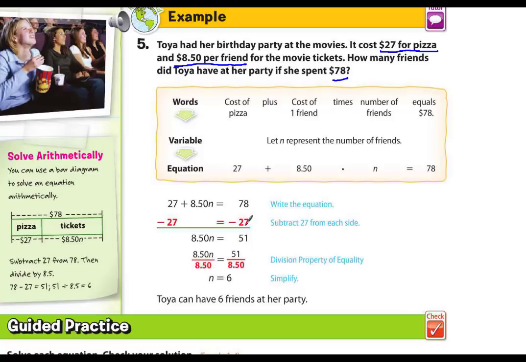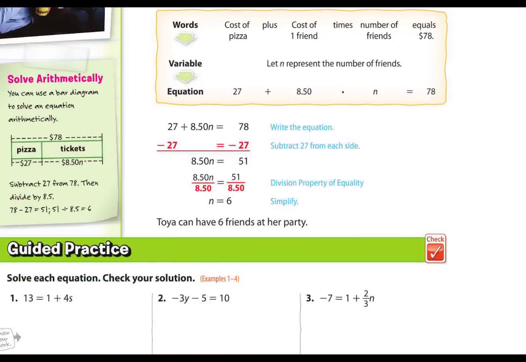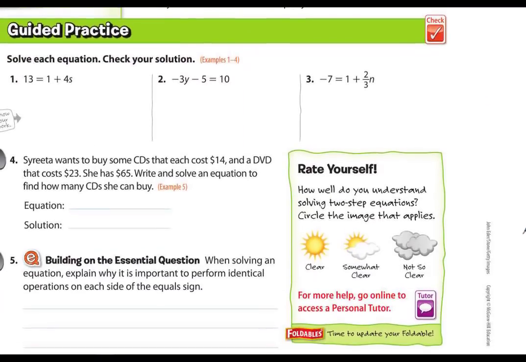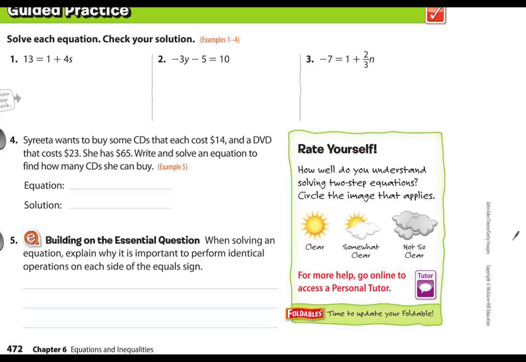Take $27 away from both sides. We're at $8.50n equals 51. Divide by the $8.50, divide by the per ticket price, and that tells you that 6 friends can show up to the party. All right, would you please go ahead and do problem 1, problem 2, problem 4, and then turn the video back on.